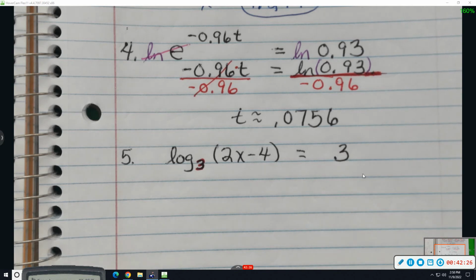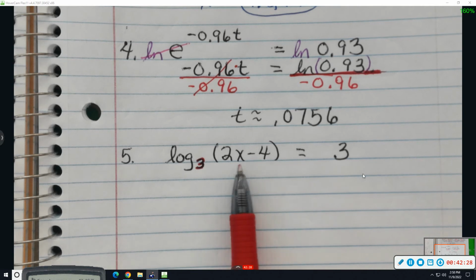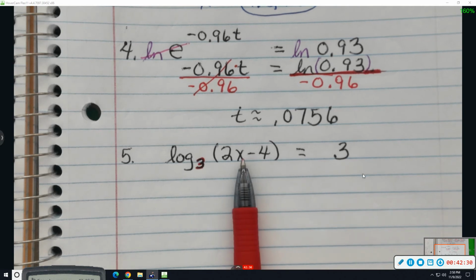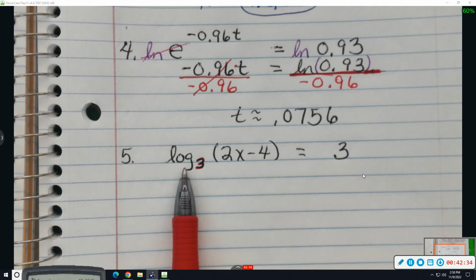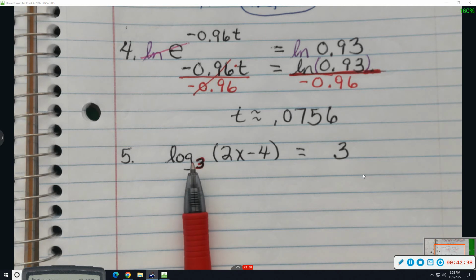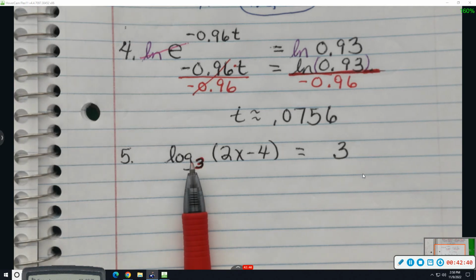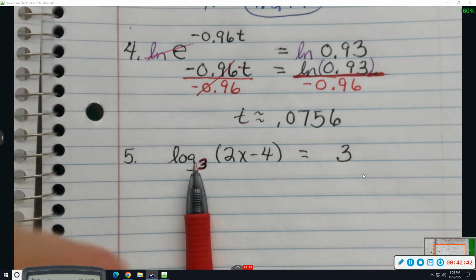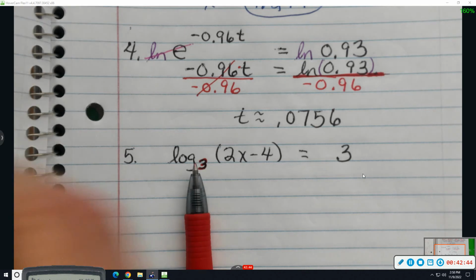Well, in order to solve this equation, we've got to get the x by itself. In order to get the x by itself, you've got to cancel out this logarithm. So it goes back to that rule.